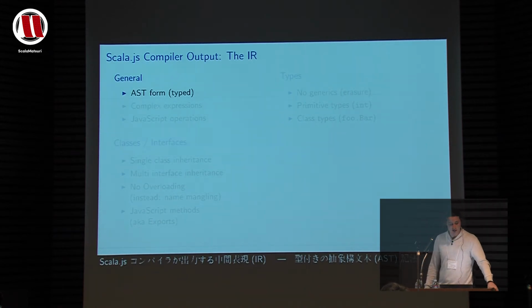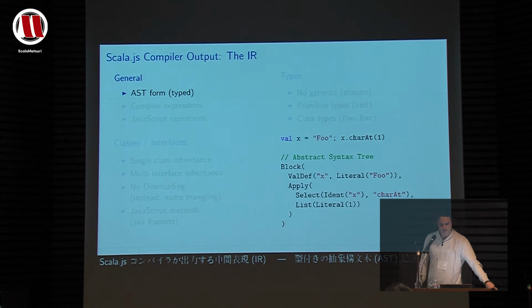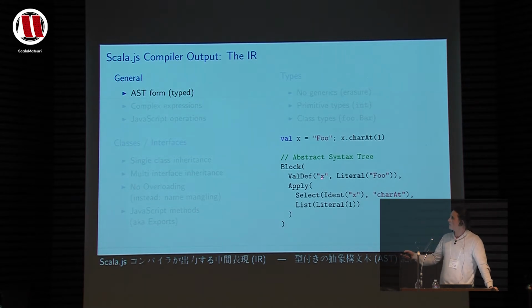So the intermediate representation is in typed AST form. AST means abstract syntax tree. So that is just a convenient way to represent source code inside the compiler. Essentially, if you look at this piece of code, this is the abstract syntax tree of it. We see it has a block. Okay, good. We have a value definition.